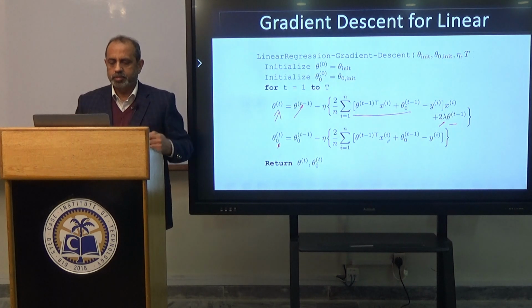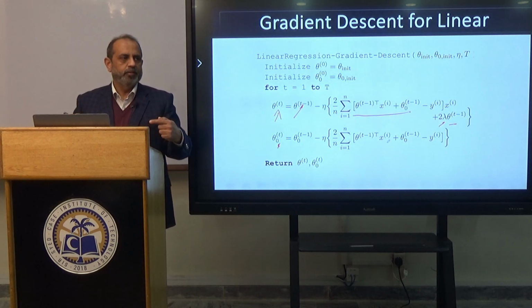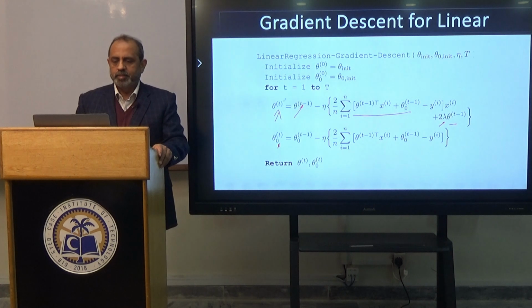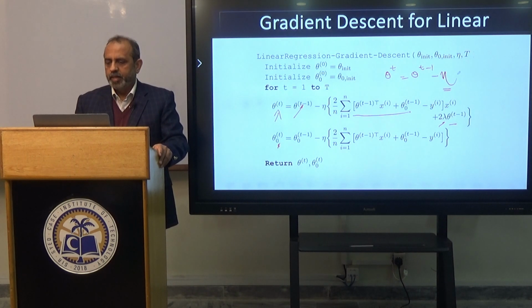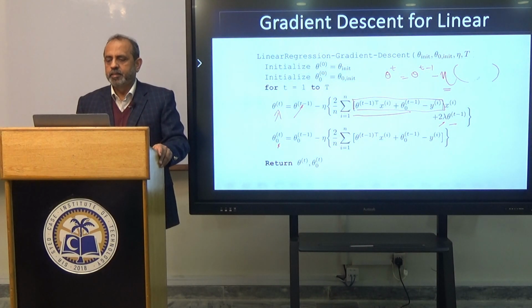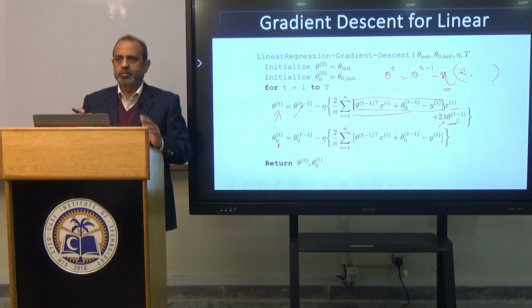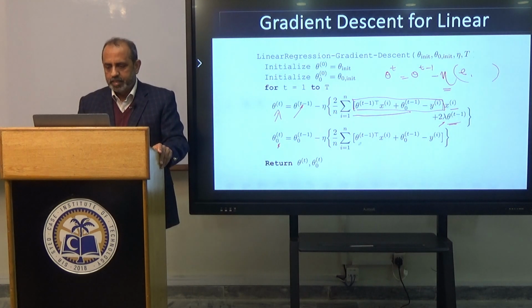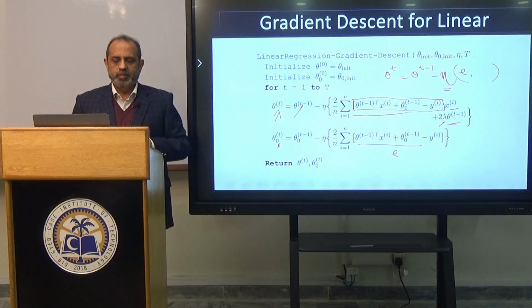We have seen that it is always in this form: you have theta, the previous value, and this learning step, which says how fast you want it to adapt, and then you have an expression of the error, which is multiplied by some other thing. So always it is going to be like this. This is the error, the mean square error.